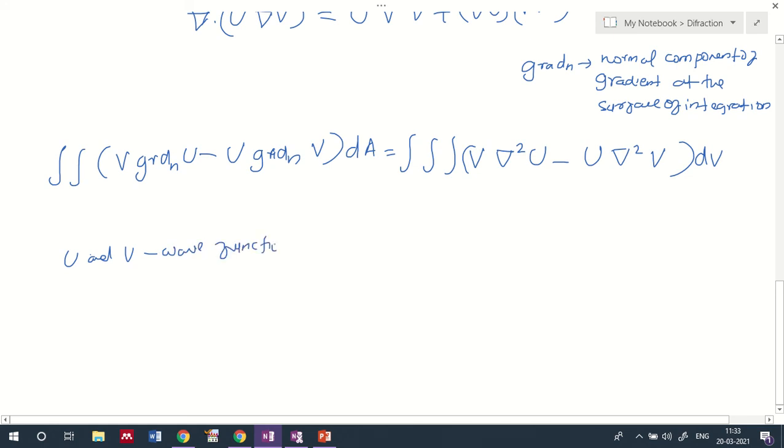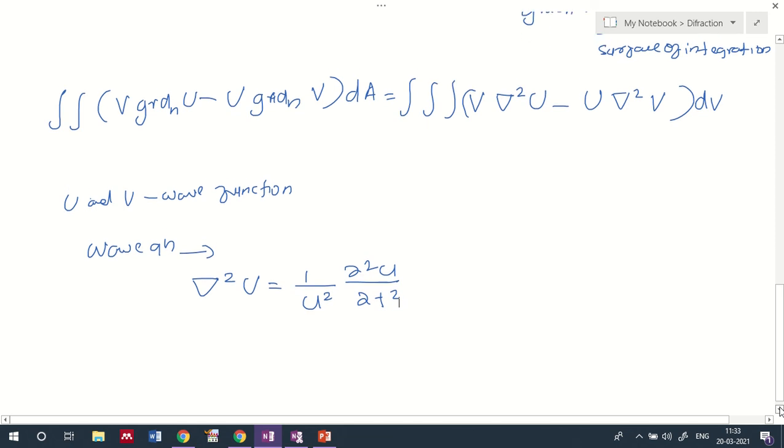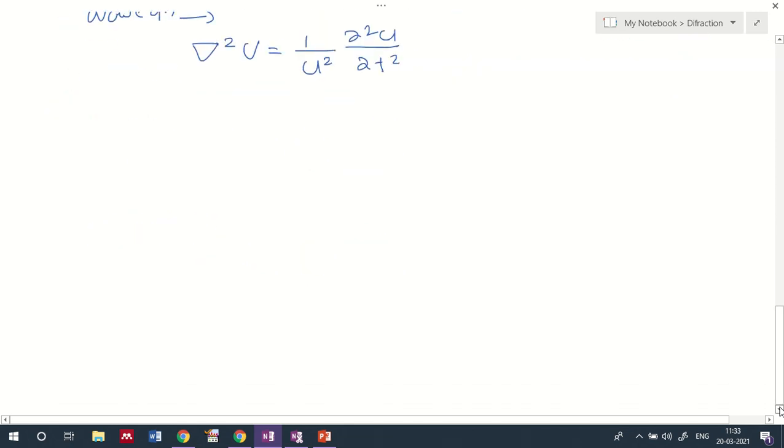Okay, so if you have a wave function, it should satisfy the regular wave equation, right? We know that del square u is equal to 1 by u square dou square u by dou t square is the wave equation in a homogeneous case. This equation we have seen in our electrodynamics, and also in the introduction part of modern optics.